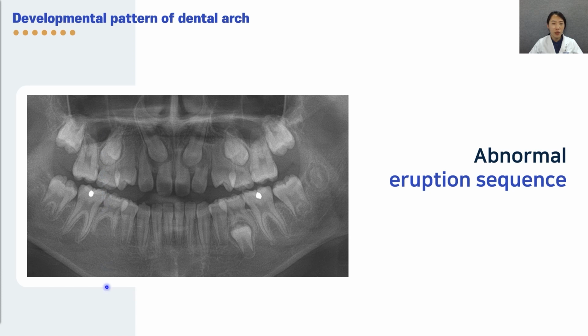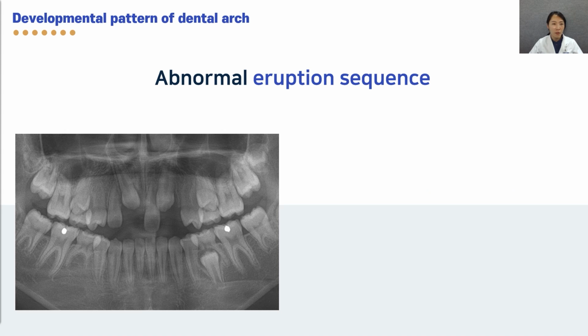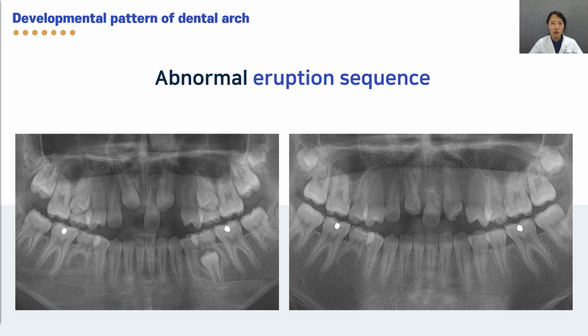Unlike the previous case, the roots of the 3 anterior teeth were resorbed too much. Because of the severe root resorption, we couldn't maintain the right central incisor and left lateral incisor. After extraction of those teeth, both canines erupted.